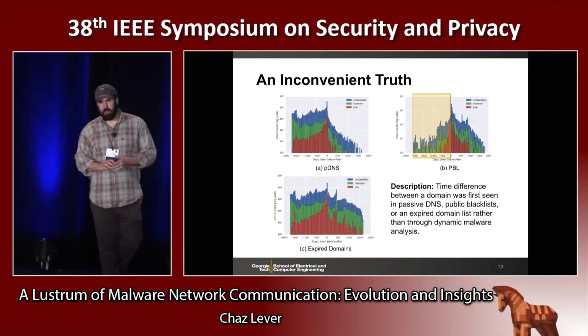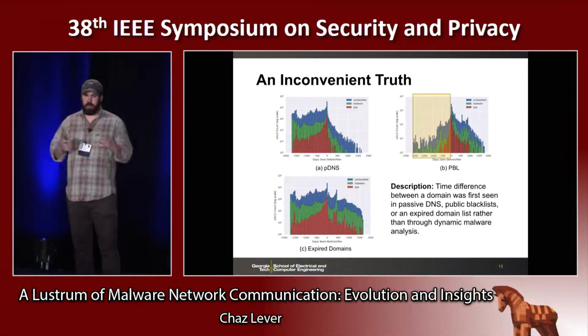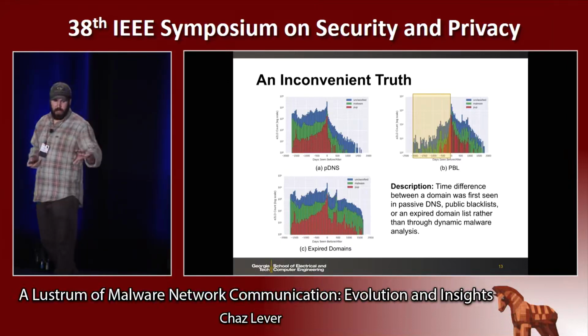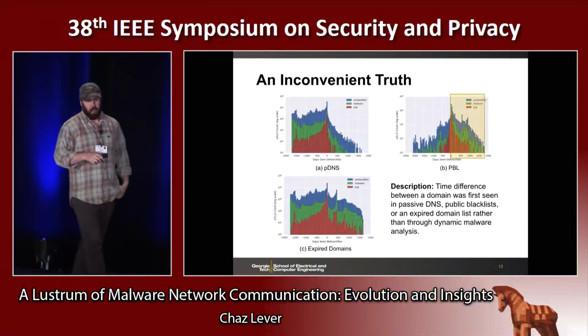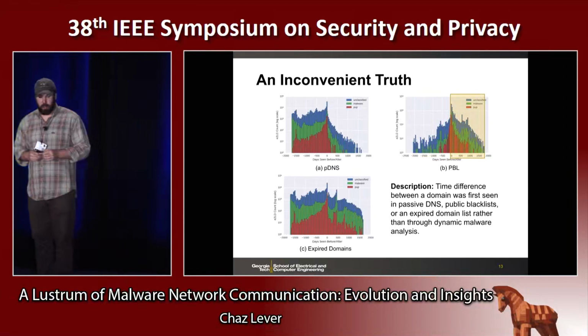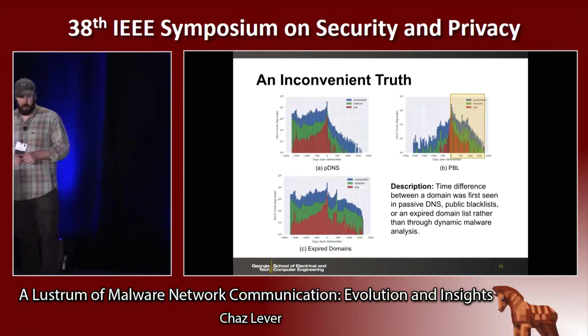This seems to indicate that, in a lot of cases, things aren't showing up on the public blacklist before they show up in feeds. We do see that happen sometimes, but what's much more prevalent is that they show up in malware feeds after they show up in the PBL, so we see the reverse of what we want to see there.